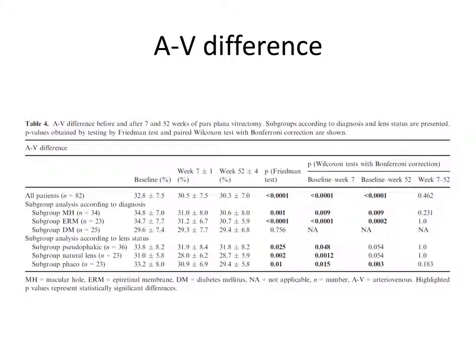In all cases, there is a decrease, and it remains approximately the same at week 7 and week 52. Again, in all cases, it reached statistical significance. So this is one of the strongest indicators that the differences according to lens status in venous and even in arterial saturation are artifacts, because this is subtracted in AV differences when we calculate both of them.